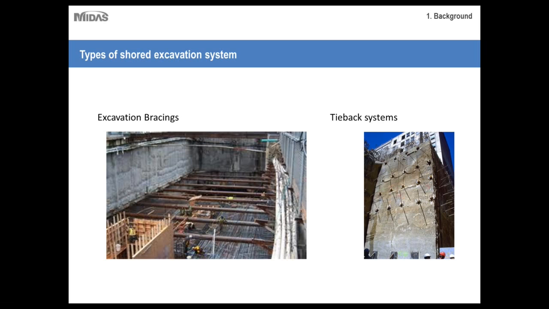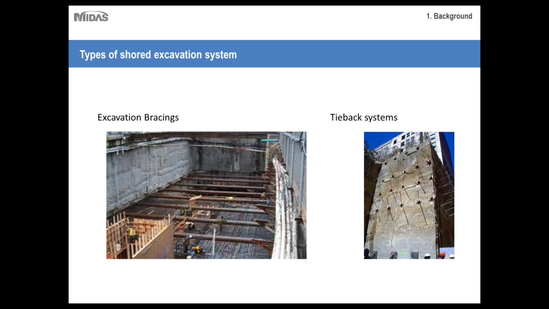Another method of supporting the excavation is through bracings, like excavation bracings, which are usually used at closed excavation sites. And if you are dealing with open systems, then you can use tiebacks, where we tie the walls to the excavation slope itself.